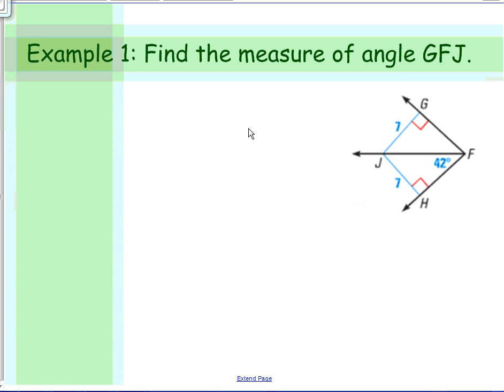So we have: find the measure of angle GFJ. We're trying to find this mystery angle right here. By definition, we know that we have two congruent segments here that both meet at this similar point.